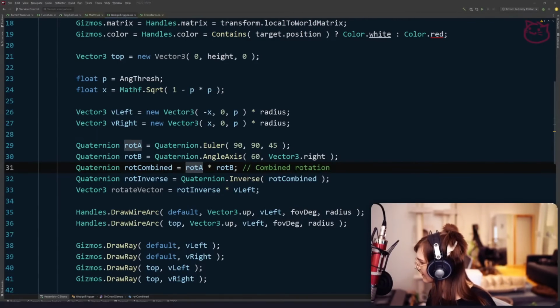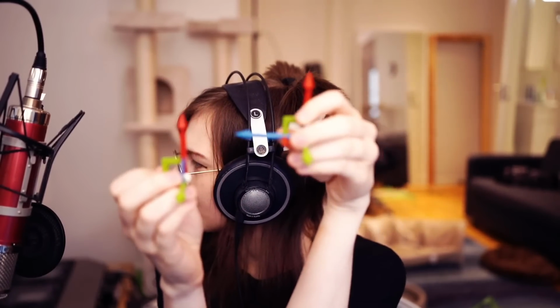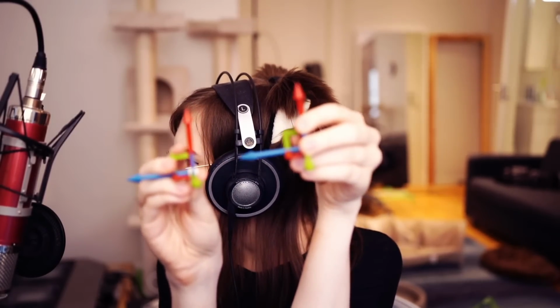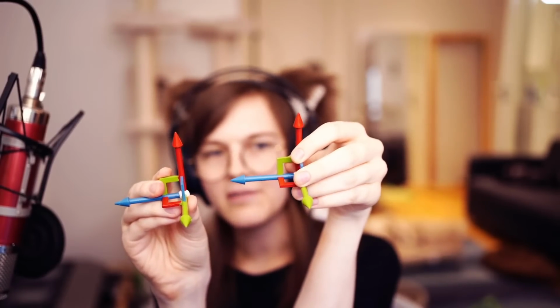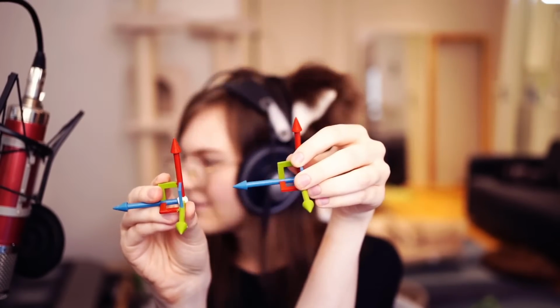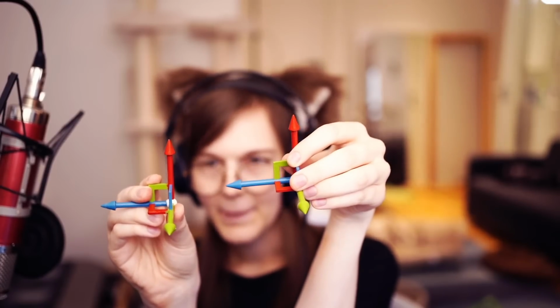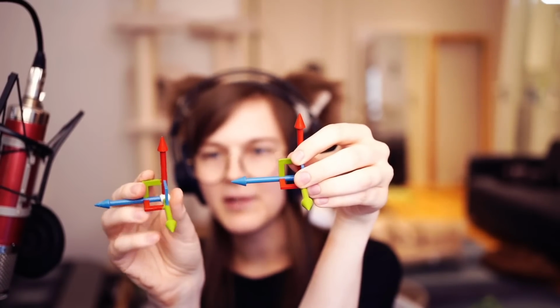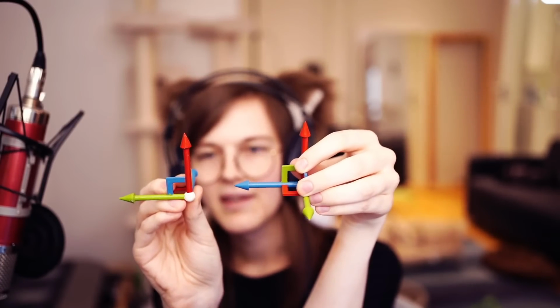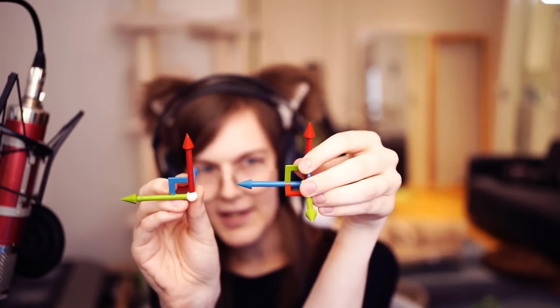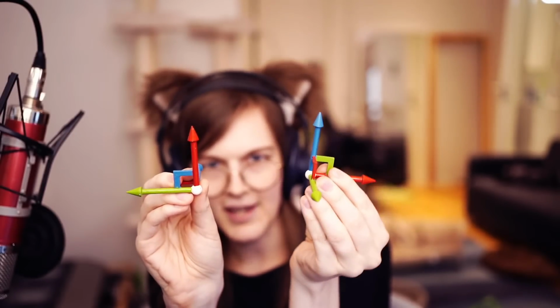Let me show you what I mean. So if you consider rotations, we've got two rotations. Let's say you want to rotate around the x-axis and the y-axis, and you want to do it in 90-degree increments. So if you rotate around the x-axis 90 degrees, and then you rotate around the y-axis 90 degrees, it's going to do that.